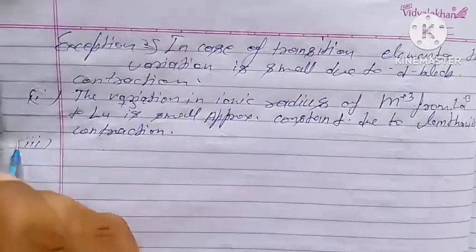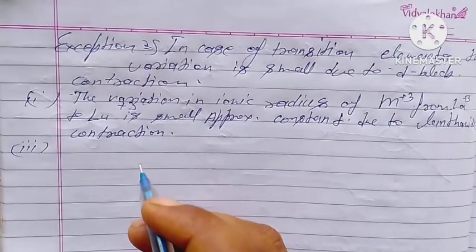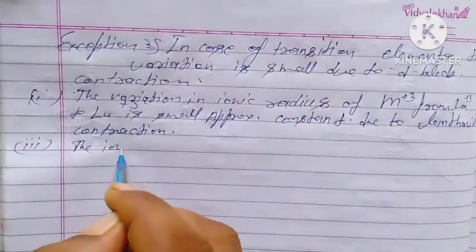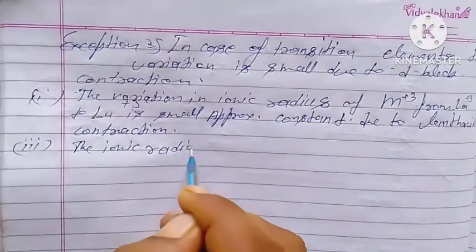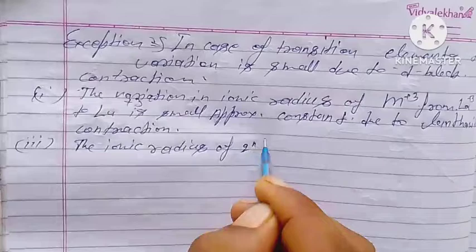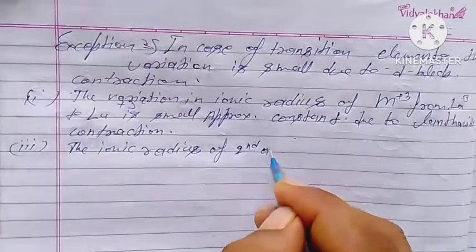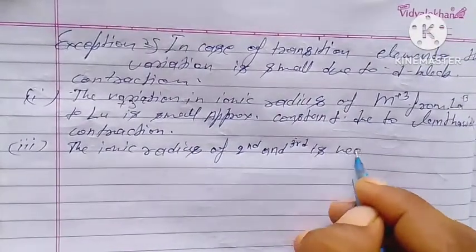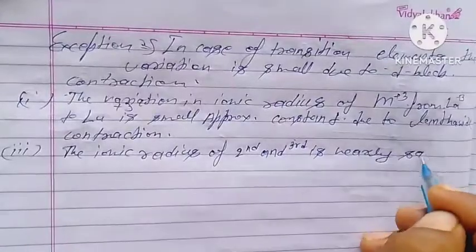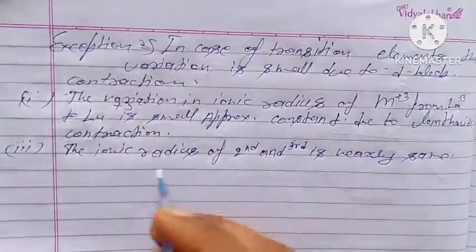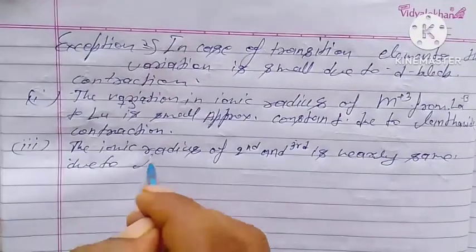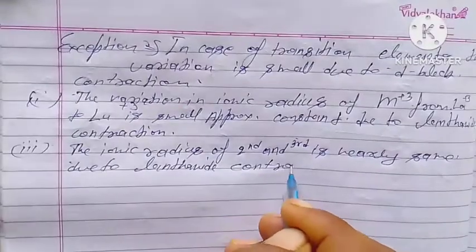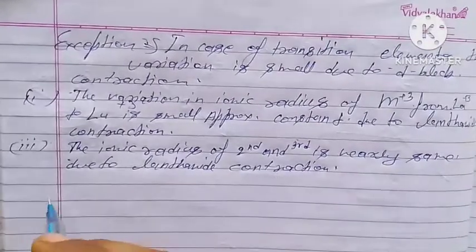Third, the ionic radius of second and third transition series is nearly the same due to lanthanide contraction.